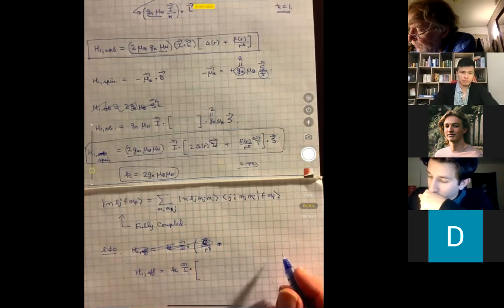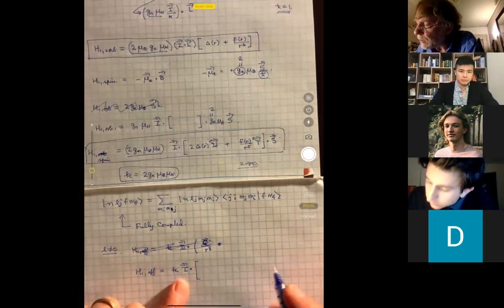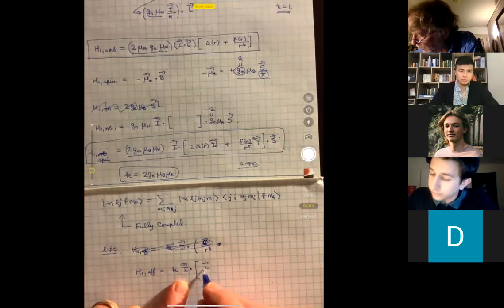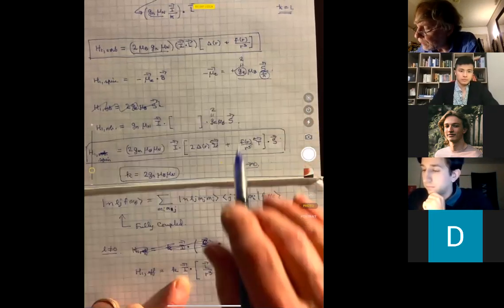I was doing it right the first time. It's L divided by r cubed. This gives me the I dot L divided by r cubed up here.